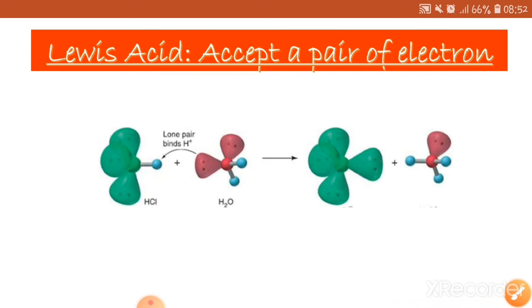Now since that hydrogen is accepting the pair of electron, therefore we will consider that HCl is acting as an acid here because the hydrogen in the HCl is accepting the pair of electron from the oxygen atom of the water molecule.